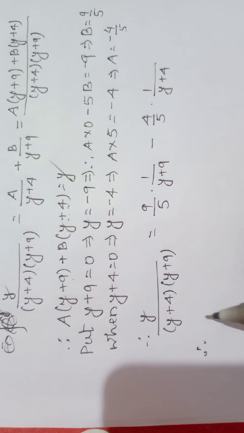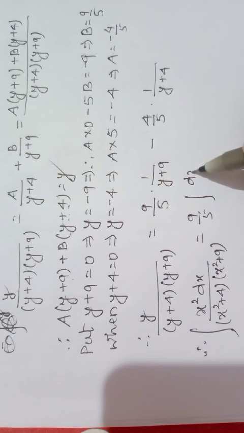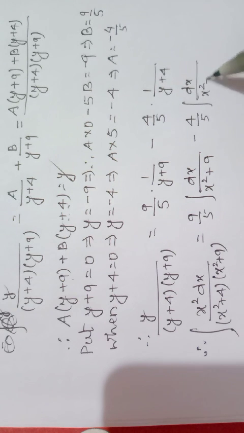So the integral of x square dx by x square plus 4 into x square plus 9 is 9 by 5 integral dx by x square plus 9 minus 4 by 5 into integral dx by x square plus 4.